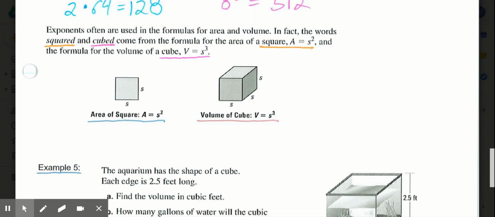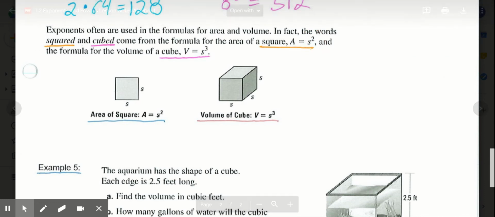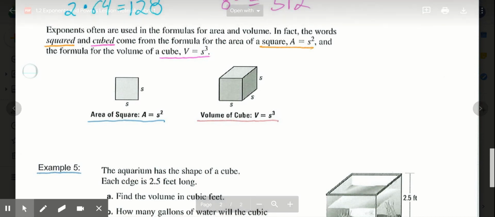So to find the area of any square, it's the side to the second power. So that's why we always call anything to the second power squared. It's how we find the area of a square. For volume of a cube, it's any of the sides to the third power. So that's why we call anything to the third power, or exponent of 3, cubed. So that's just an explanation of those two special terms.